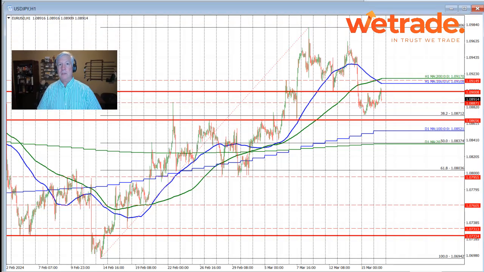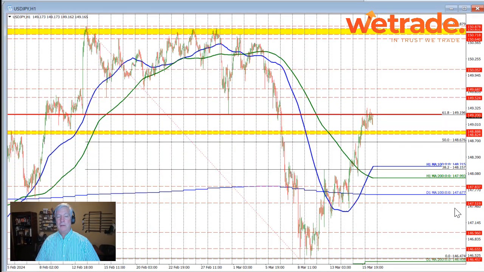Let's take a look at the dollar versus yen, and we know that we have those two central banks, the Federal Reserve and the Bank of Japan, meeting and announcing their interest rate decision this week. The Bank of Japan will announce their interest rate decision tomorrow, and the Federal Reserve on Wednesday. The Bank of Japan is expected to come off of their negative interest rates and also yield curve control marginally, at least kickstart that process is what the thoughts are and what the market is somewhat expecting now.